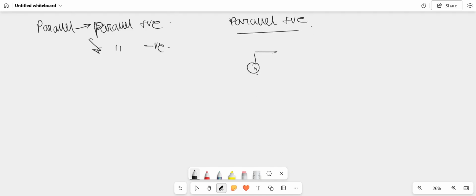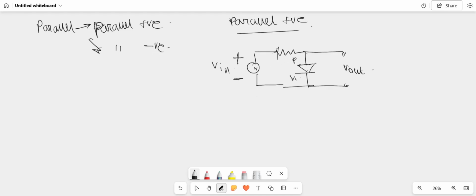The circuit diagram here will look like this. This is the output voltage and this is the input voltage we are applying here. Okay. So in the parallel positive clipper, suppose during the positive half cycle, the P terminal and the N terminal of the PN junction are here. The P terminal is connected to the positive pole of the battery and this N terminal is connected to the negative pole of the battery.